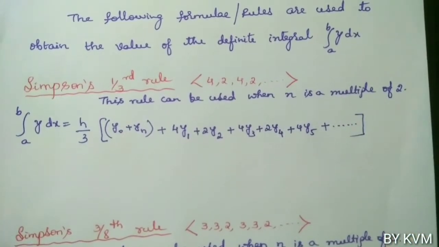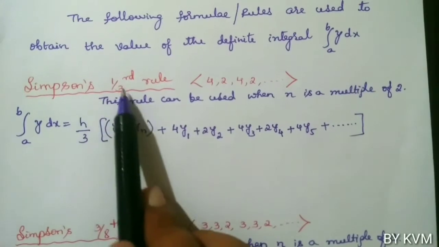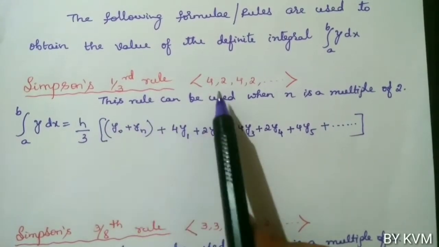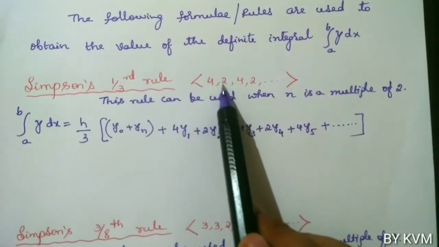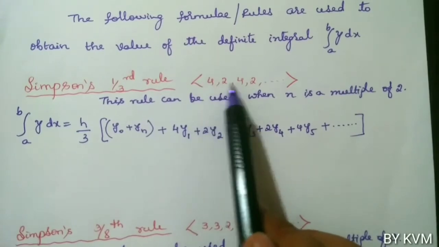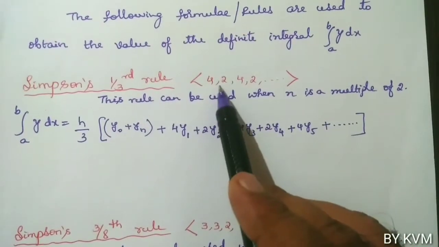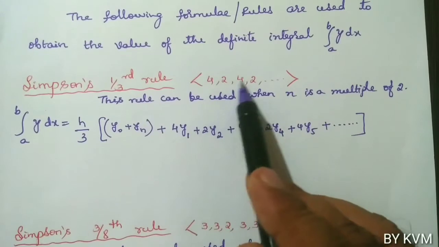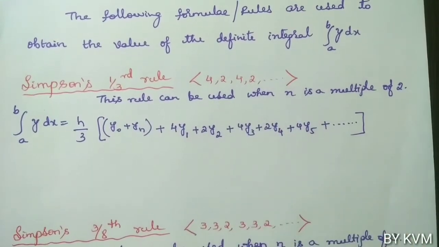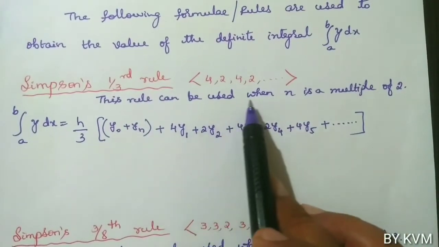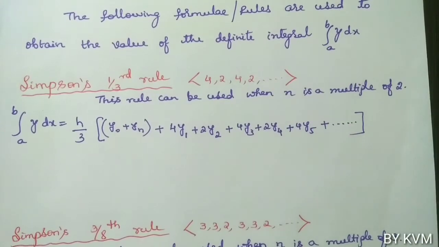This rule is called Simpson's one-third rule. Here you have to multiply alternately by 4 and 2. This rule can be used when n is a multiple of 2.